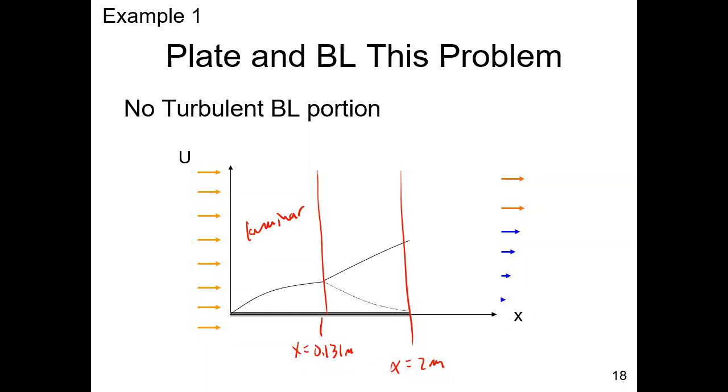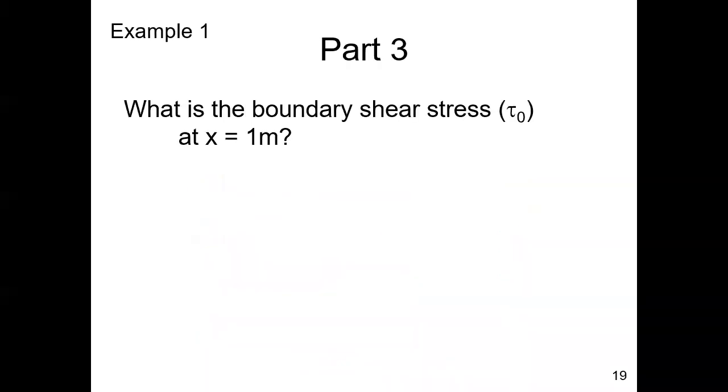Okay, so that was just part 2. Part 3, and again, this is all on your handout for today. Part 3 is, what's the boundary shear stress, tau 0, at x equal to 1 meter. So again, what we have is this plate. And if I put it in perspective, this is the laminar, and this is the transition.